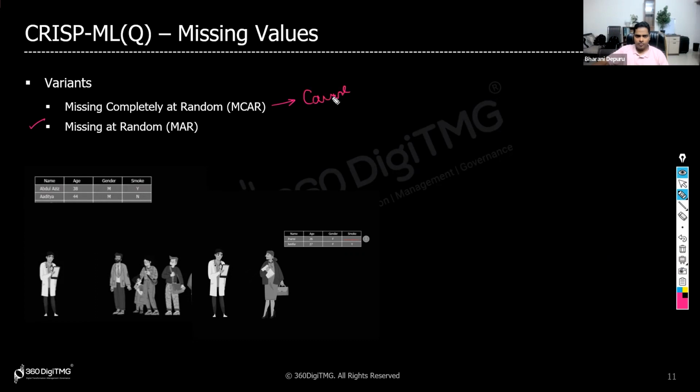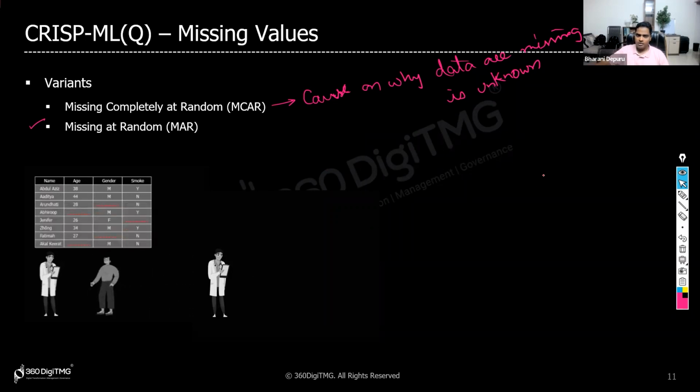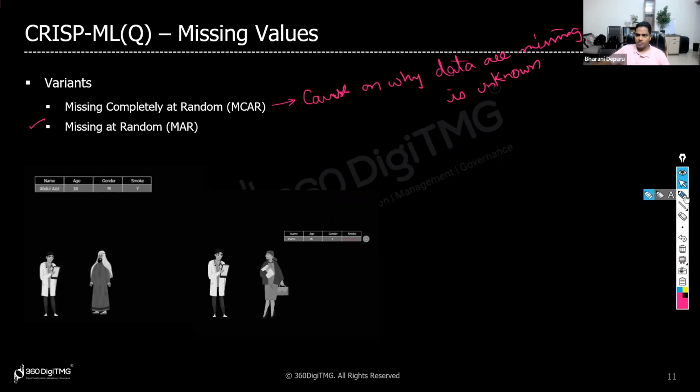The cause of why data are missing is unknown. But when it comes to missing at random, the reason why data are missing is known. The cause or reason why data are missing is kind of known.